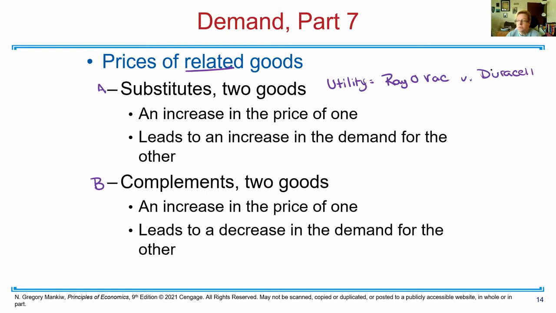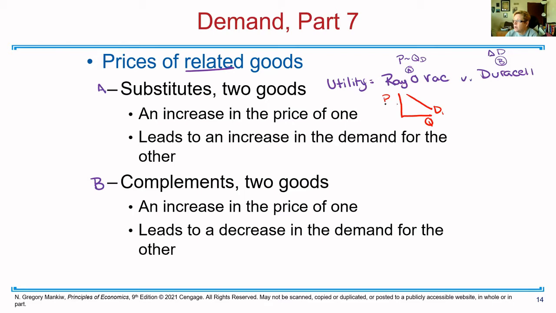Okay. So what happens is we have a price effect, which causes a quantity demanded effect in one good, say good A here, which causes a change in demand of good B. So again, kind of using my other example. Here we have Rayovac. I'm going to draw quantity and price. Here's our demand curve for Rayovac, D1.